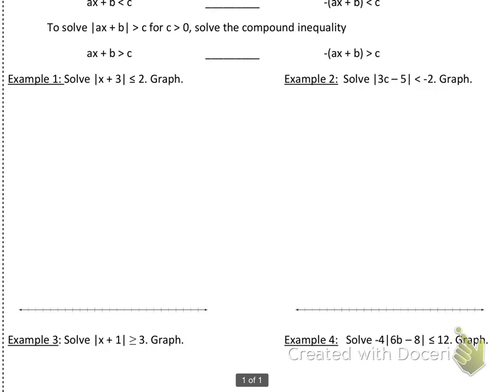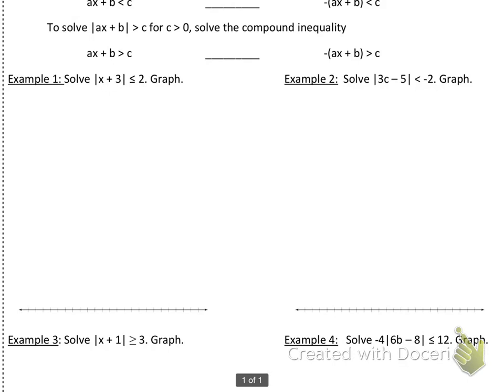There will be times when it doesn't make sense or when it's obvious that this always happens, so you're never going to have to deal with it. But in this case, yes, x plus 3 can be less than 2, so we're going to keep going. We'll go over this more and more. If you don't understand it now, make sure you ask questions when you get to class.